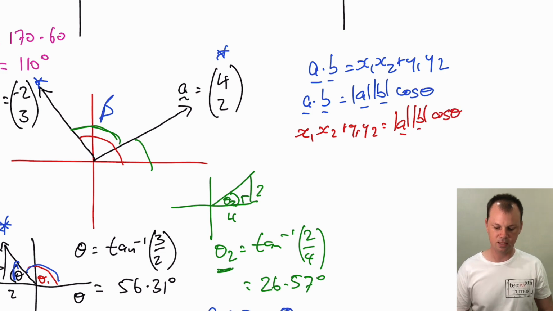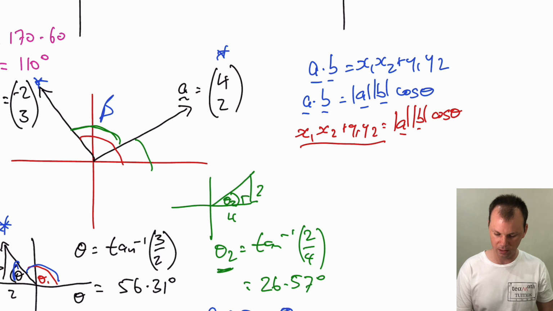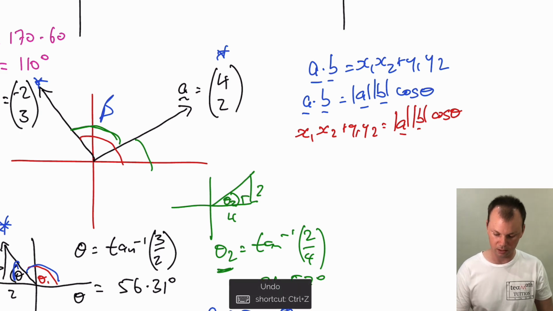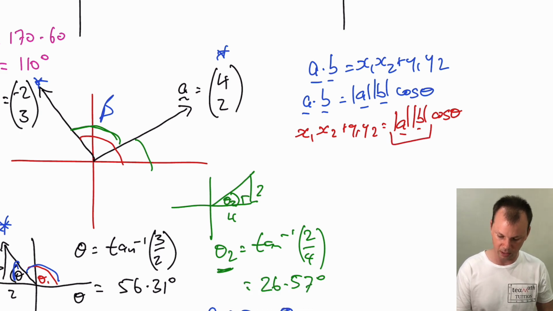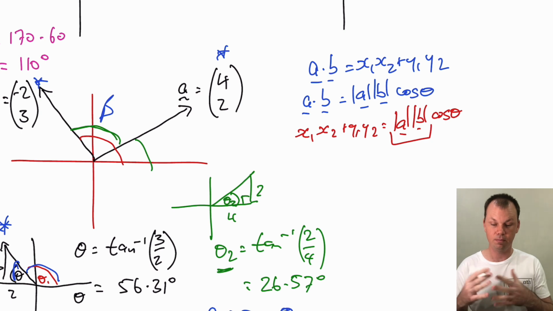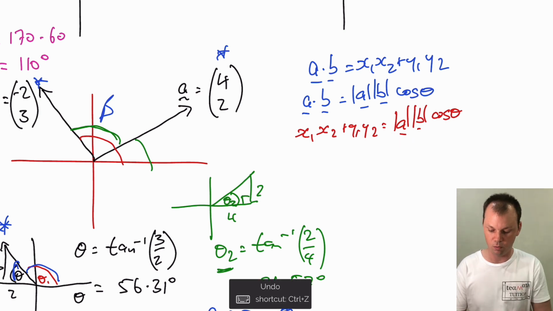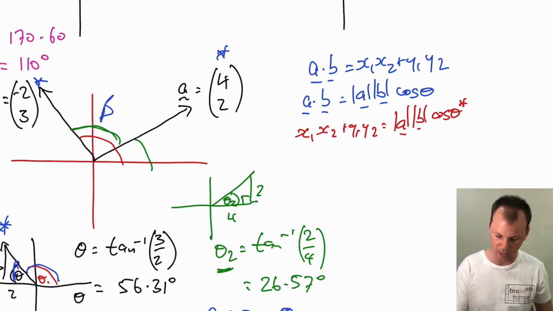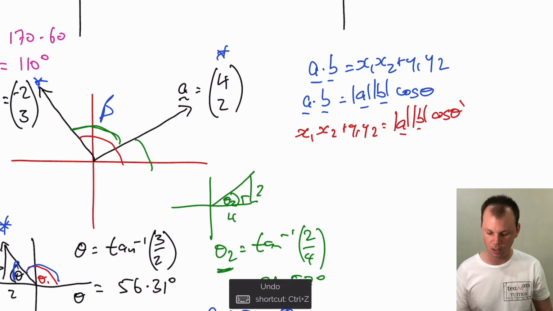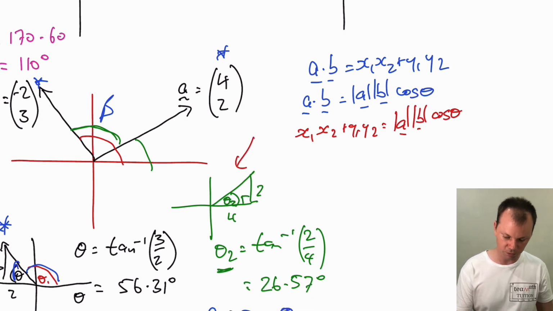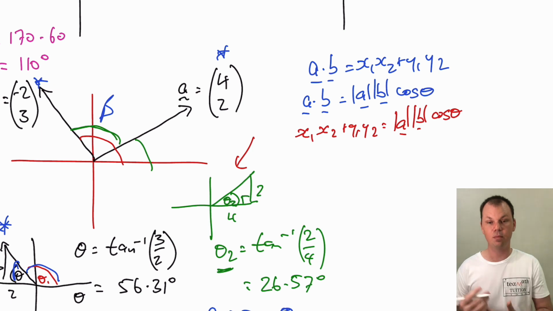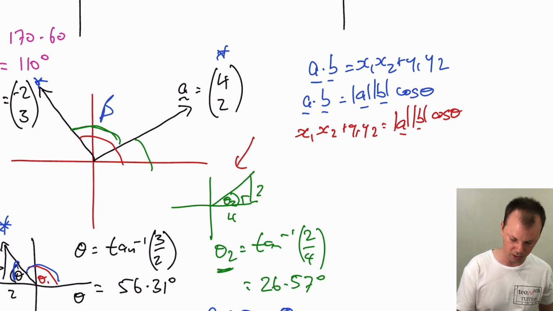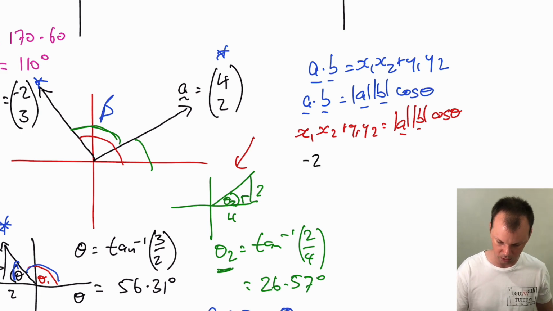Now in this case, we just need to multiply. So we need to work out that dot product, work out what the magnitude of both vectors are, and we can use that to work out the angle or find the unknown. So a little bit different. We don't have to draw these triangles out, but we do have to find the magnitude. So showing the working for this, we've got -2 times 4.